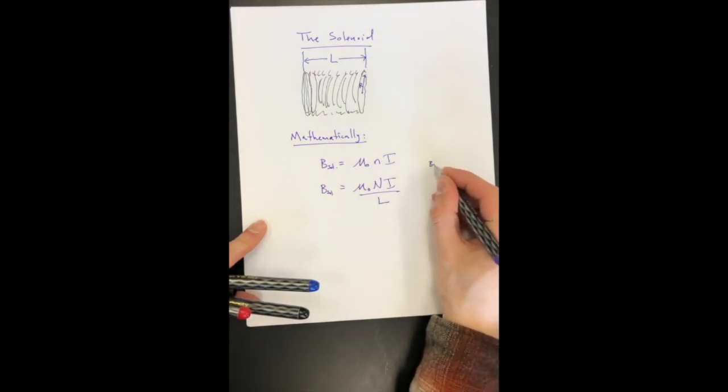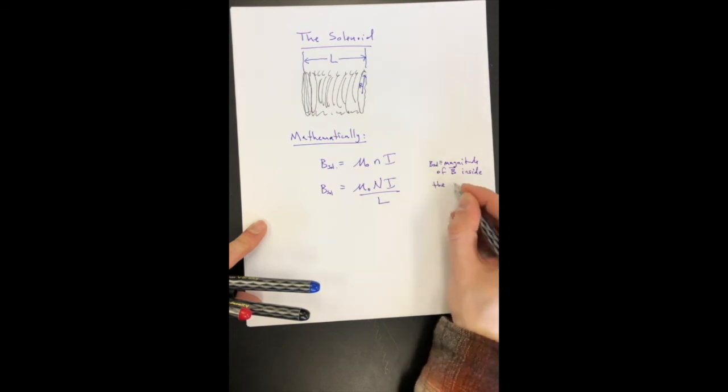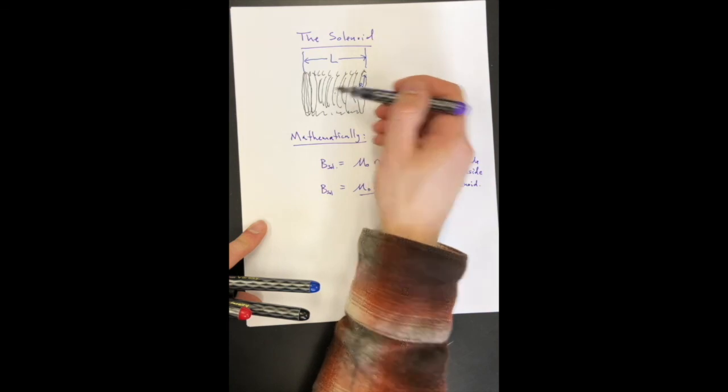This is the magnitude of B inside the solenoid. So that has to be some point inside of there.